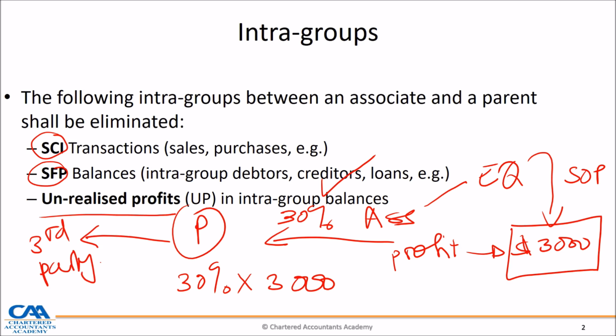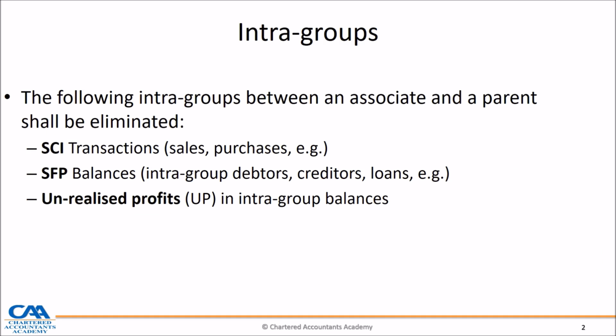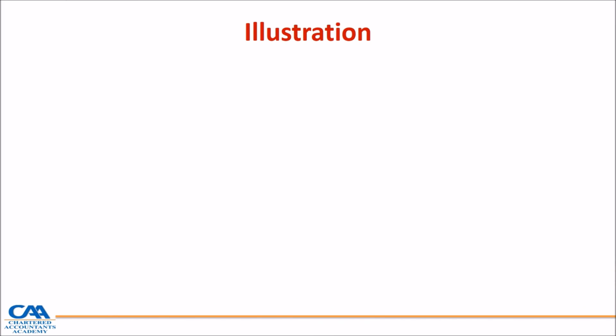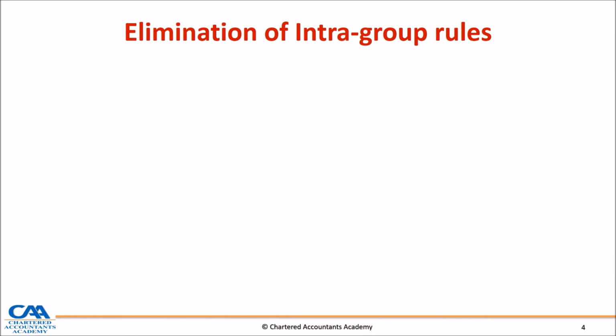That's when the profit becomes realized. So to the extent of 30%, this 3,000 has not been realized. It's not supposed to be accounted for as profit by P, and it only becomes profit to P when it goes to a third party. That is what we want to try and achieve in this video class, but we'll go slowly.